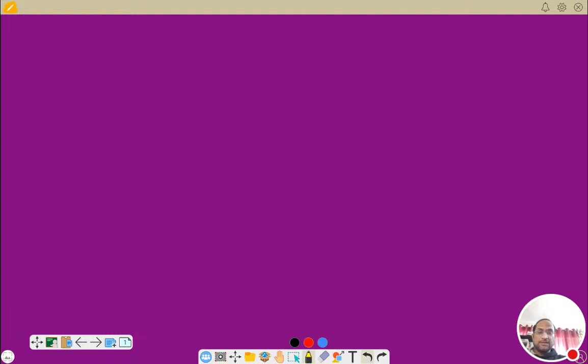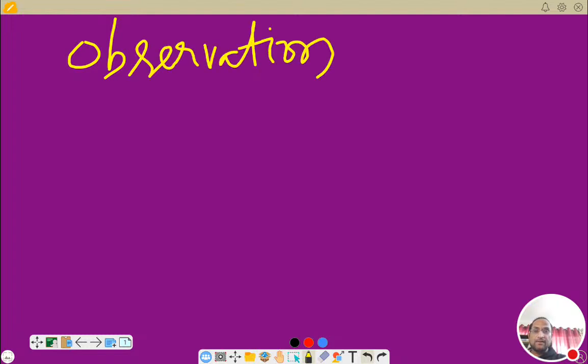When you have to see. Observation is a method of data collection where you want to see things primarily in the natural setting.